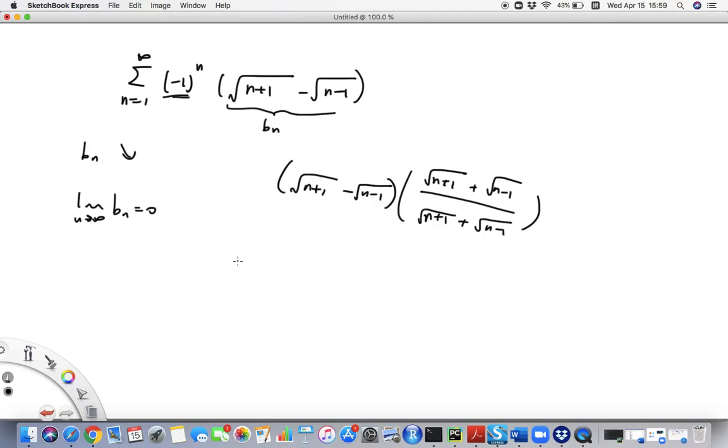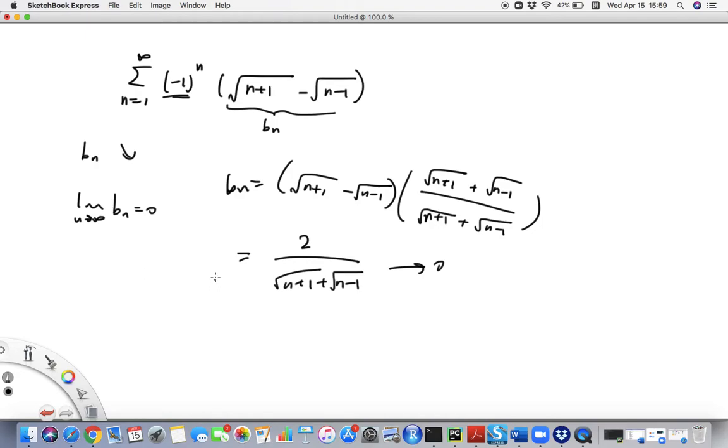If you multiply things out, that's going to be 2 over (square root of n plus 1 plus square root of n minus 1). So if you take the limit, this obviously goes to 0, and it's obviously monotone, right? Because as you increase n, you're increasing the denominator, so your sequence is decreasing.